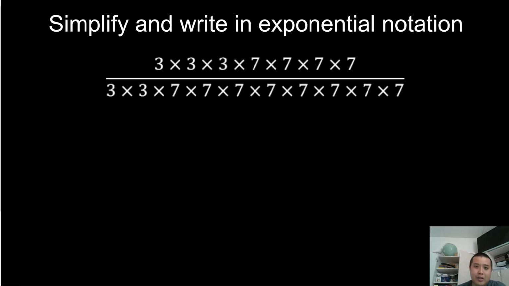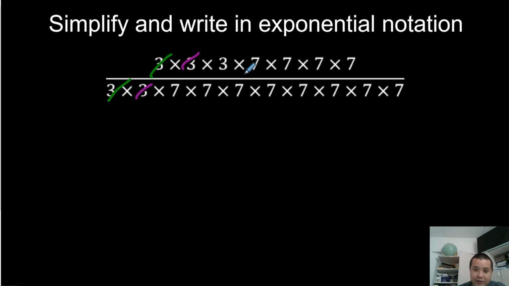So we can cancel out these 3's together. Oh, I accidentally used black. That's right. Let's change that. There we go. And then we can't cancel out this last 3 with the 7 because they're not the same value.